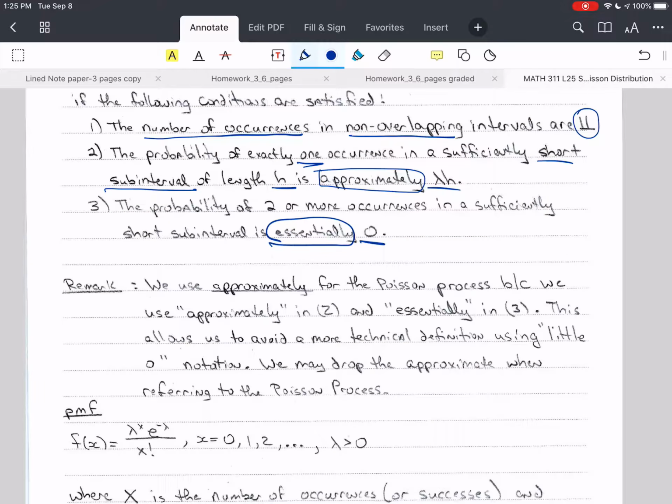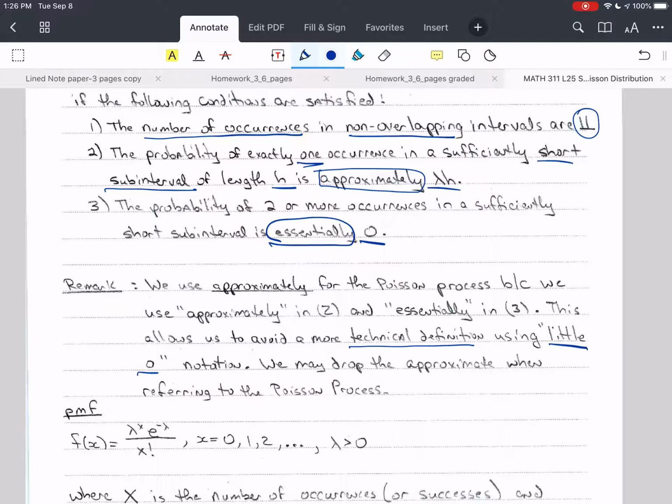That brings me to the remark that we're using approximate for the Poisson process because we use approximately in number 2 and essentially in number 3, as I pointed out. We're able to avoid a very technical definition which uses something called little o notation.